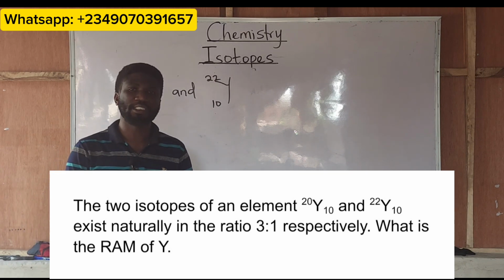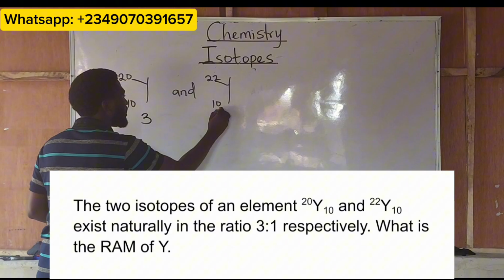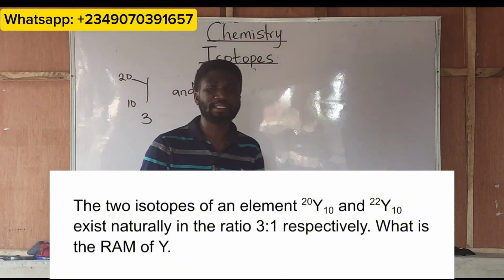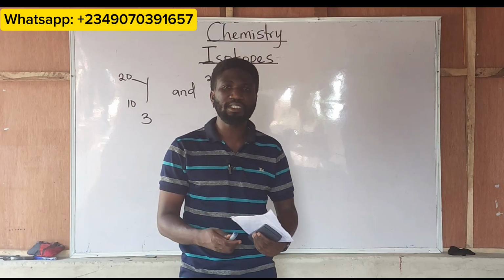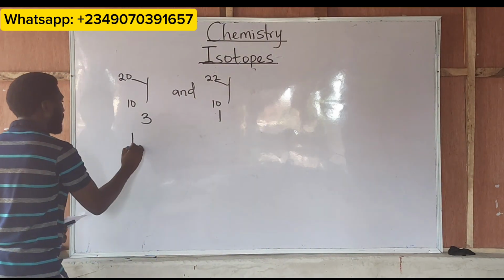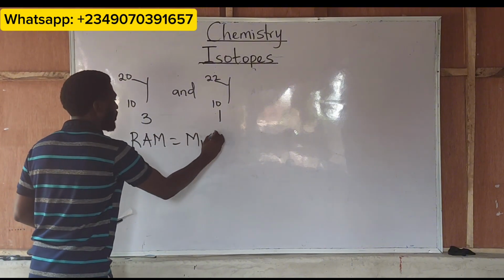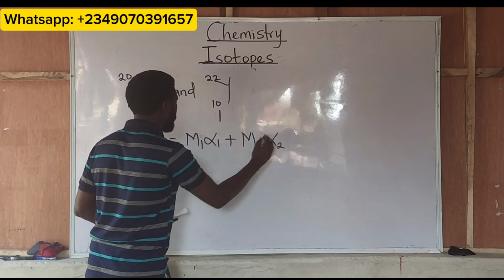Do not interchange. This has its ratio to be 3 and this is 1. The question says, what is the relative atomic mass of Y? So using the same formula, RAM equals M1 alpha 1 plus M2 alpha 2.